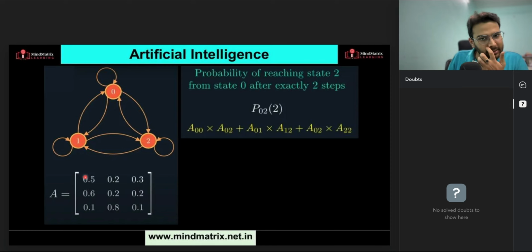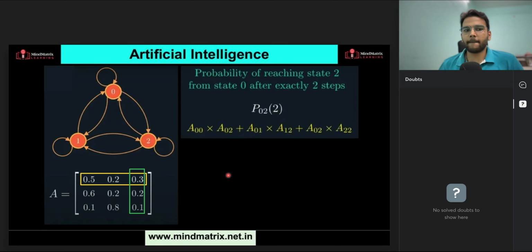That pattern is this: a of 0,0, a of 0,1, a of 0,2. This is that value. And what else? This a of 0,2, this a of 1,2, this a of 2,2. This is that value. So don't you think this is a kind of matrix multiplication?